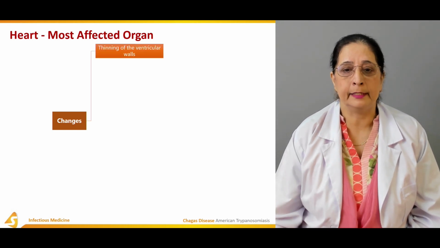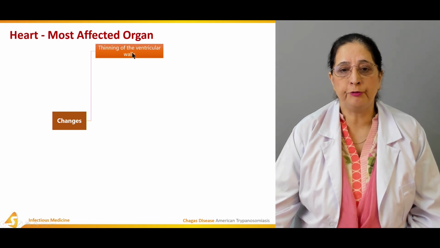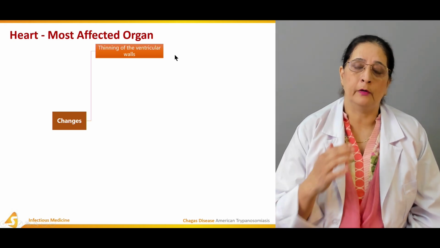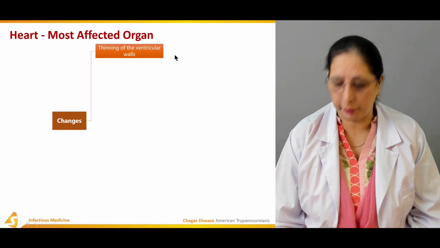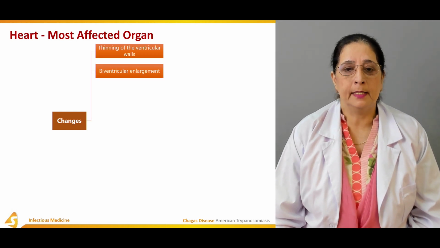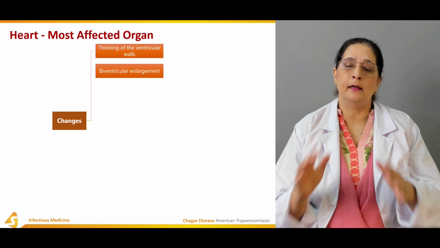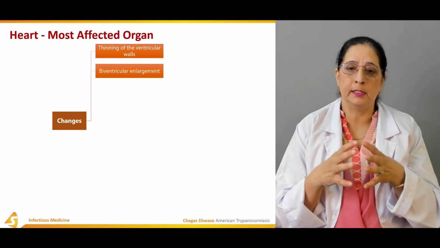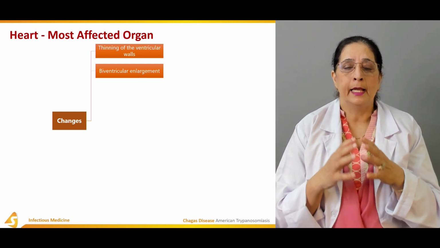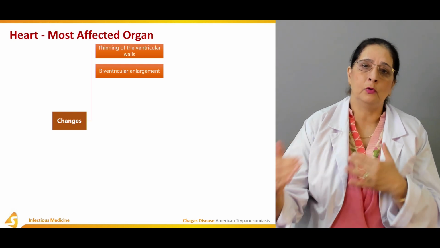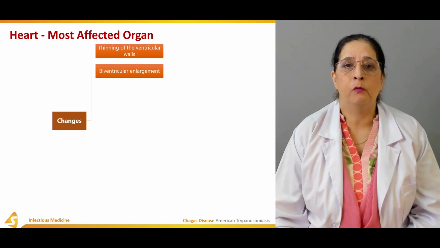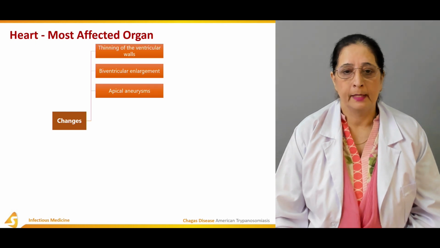We have thinning of the ventricular walls. Thinning of the wall of the ventricles occurs. There is biventricular enlargement. Both ventricles become enlarged, and that enlargement also causes thinning of the wall of the ventricles.